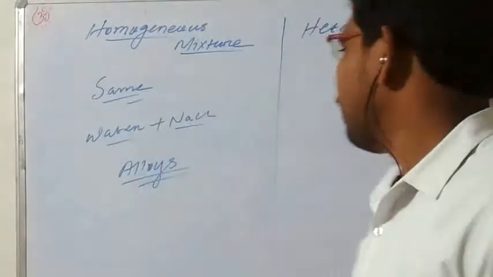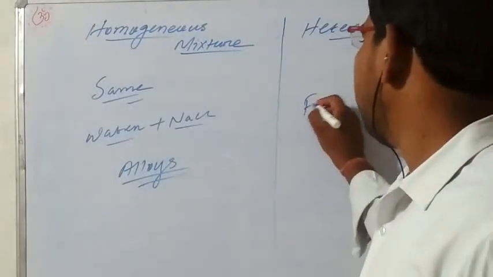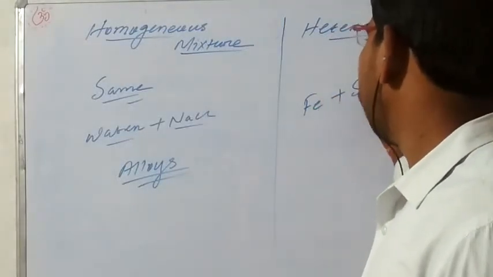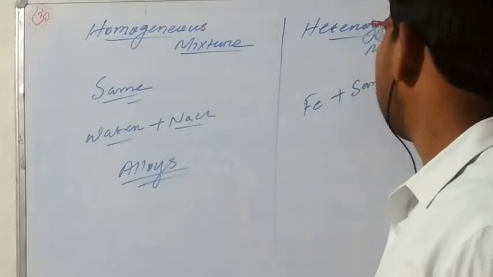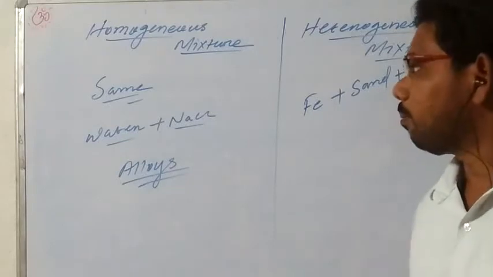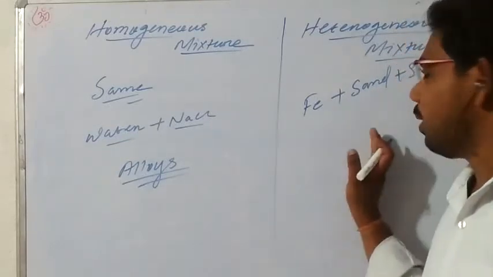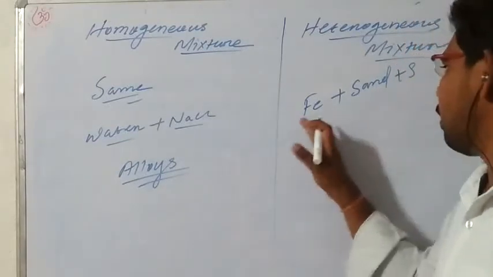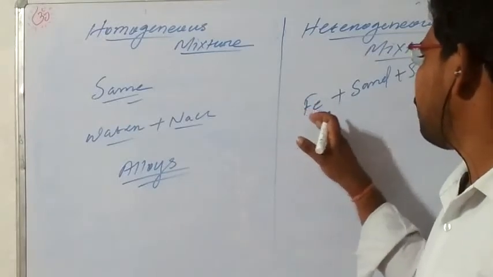For example, the mixture of iron filings and sand and sulfur. This is one example of heterogeneous mixtures. They are not mixed completely, and their individual properties are not changed.